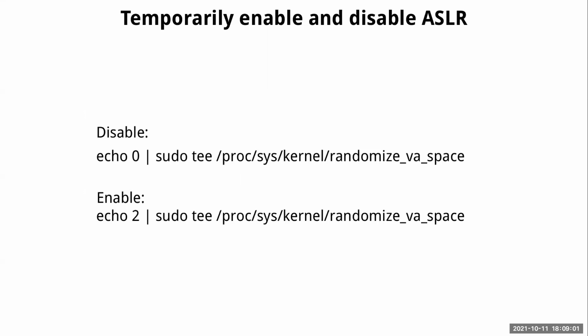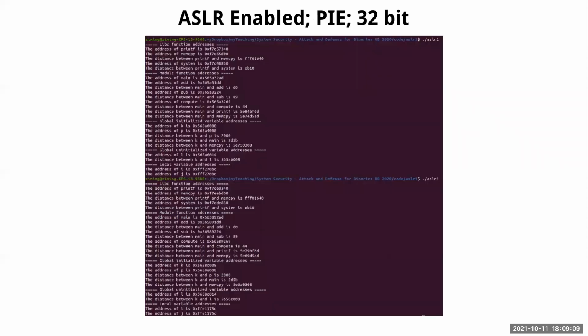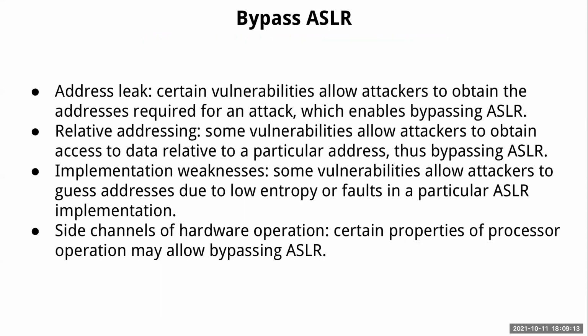To disable or enable ASLR on Ubuntu, you can just use those two commands. We already compared those. Okay, how do we bypass this? The idea is the same. To bypass any mechanism that uses randomization, you just need to guess and find a smart way to guess. Then it's a number game.